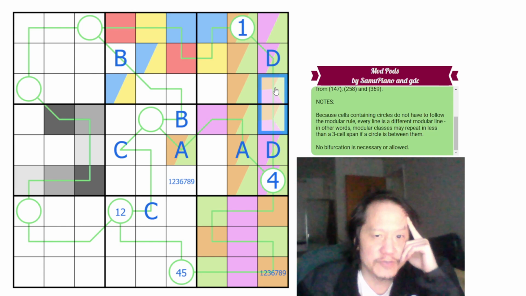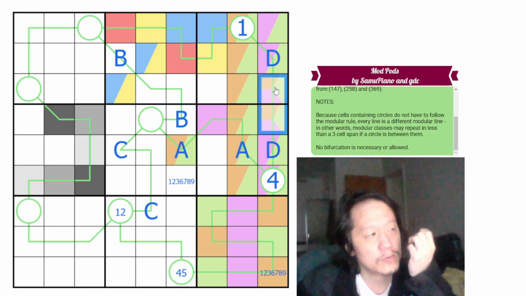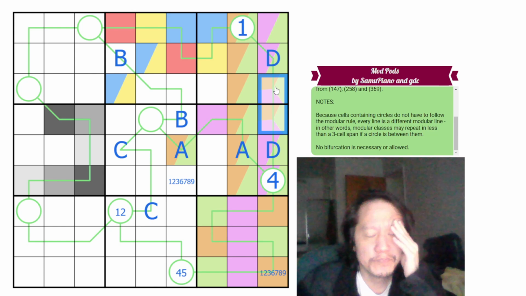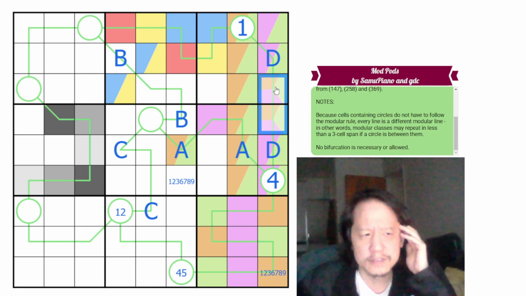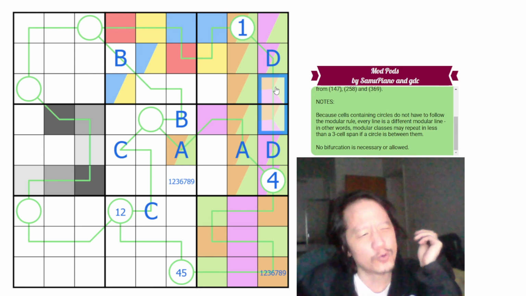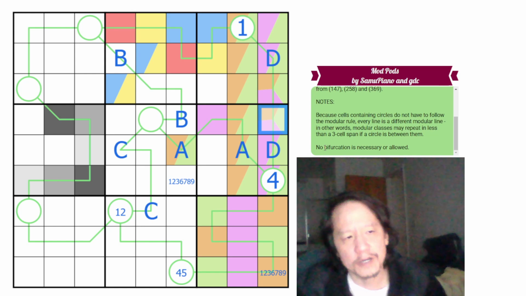But you can't have 7 without a 1. That adds up to 14, right? It would have to be 1, 2, 4, and 7 if you had 14, which is not possible. So therefore, this would have to be 1 and green.